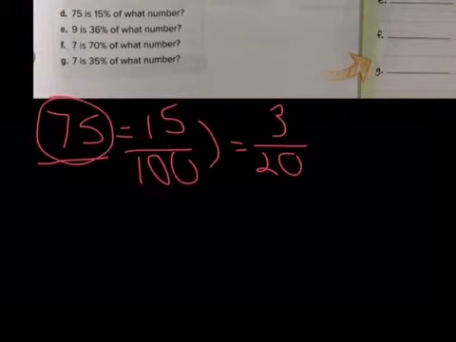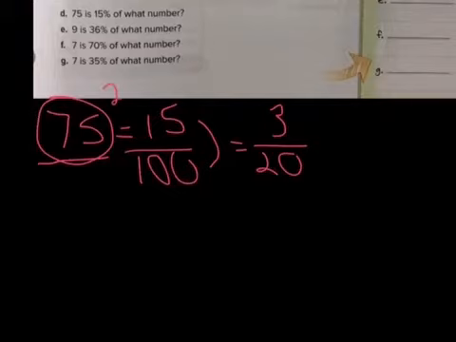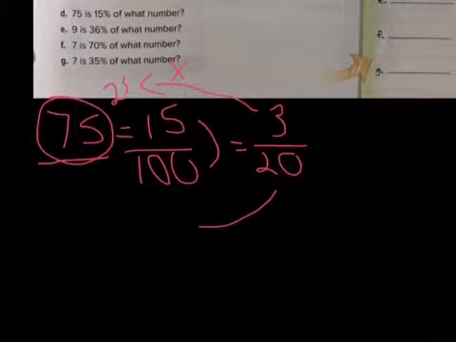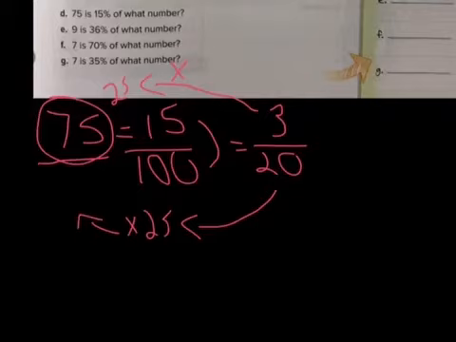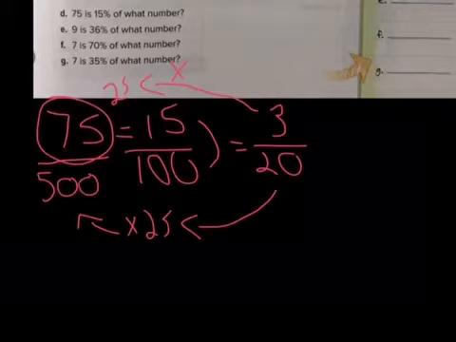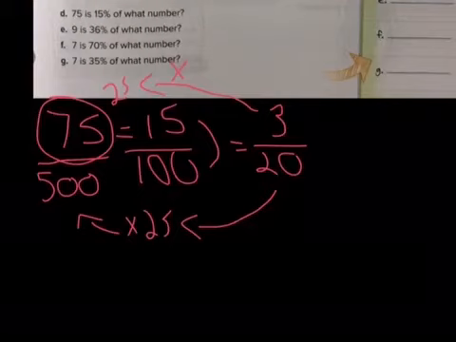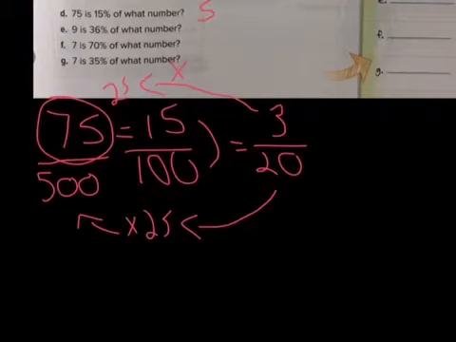You have 3 25s, don't you? To make it short, we can say I multiply this 3 times 25 to give me 75. So I have to do the same thing to the 20 and multiply it by 25, don't we? And that will give you 500. So 500 is the first answer.